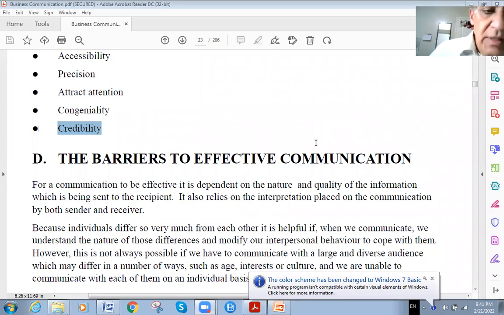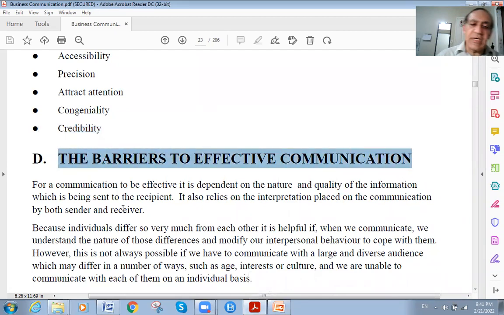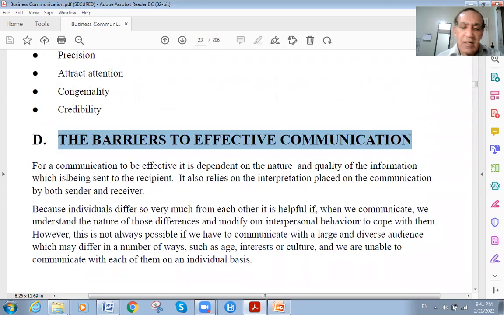Let's see what we are here for today, to complete our talking about the barriers. We'll talk today about the barriers to effective communication. What are these barriers, what do they look like, and how can we overcome them? The barriers will distort.